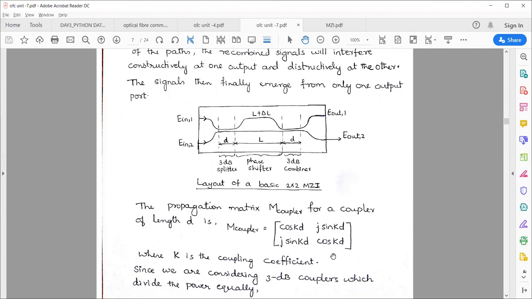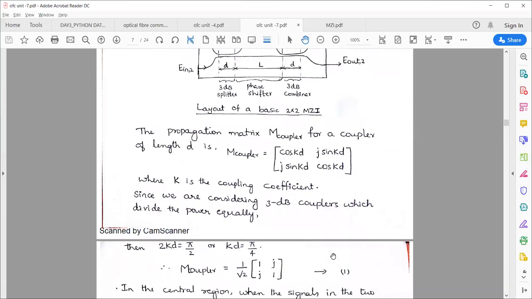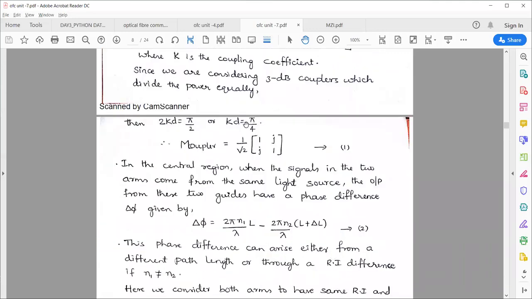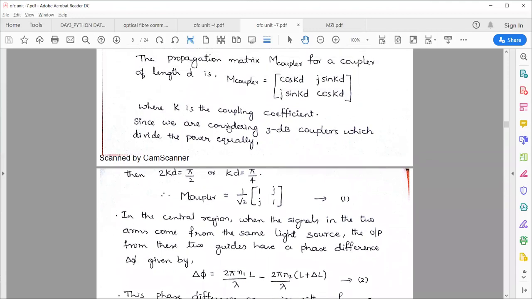Since we are considering 3 dB splitters or 3 dB couplers, which divide the power equally in both arms, we have the condition 2 kd equals pi by 2, or kd equals pi by 4. This condition allows the couplers to split the incoming beams equally on both arms. Applying this condition to the propagation matrix, where kd is replaced by pi by 4, cos of pi by 4 and sine of pi by 4 both give a value of 1 by root 2.